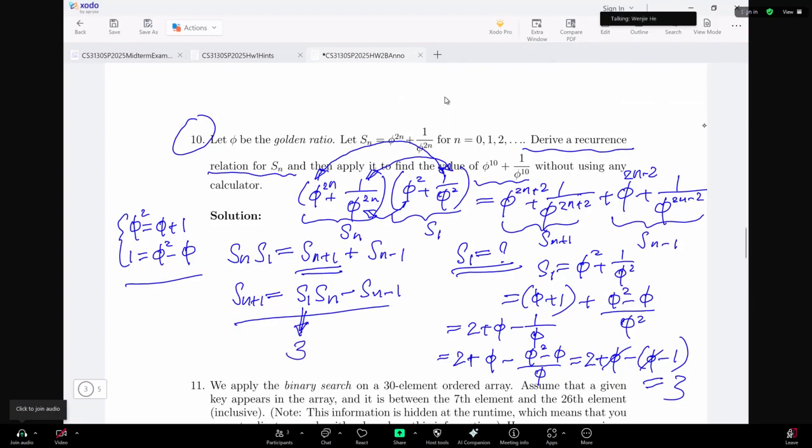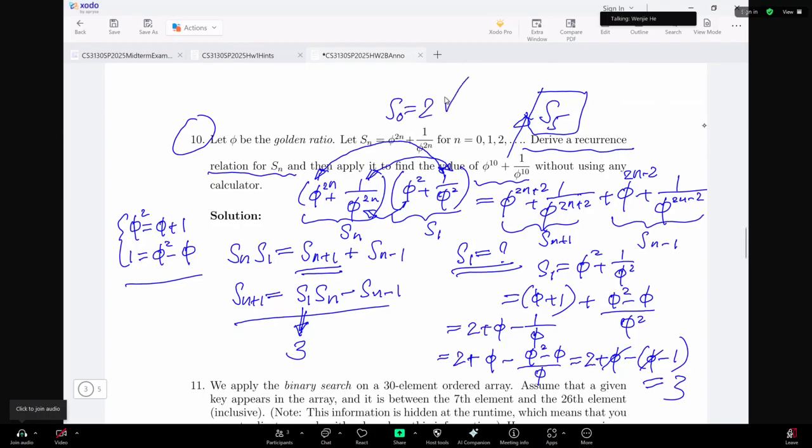That is a recurrence relation. With this recurrence, can you find S10? Oh, sorry, S5. This is S5, right? You have S0, and S0 is 2, right? 1 plus 1, 2.